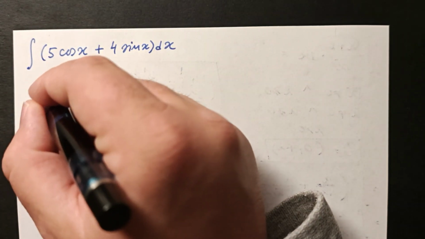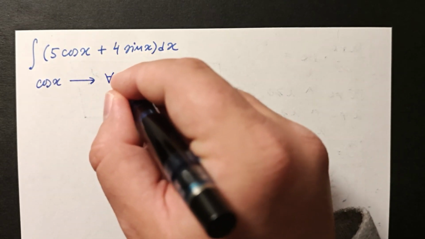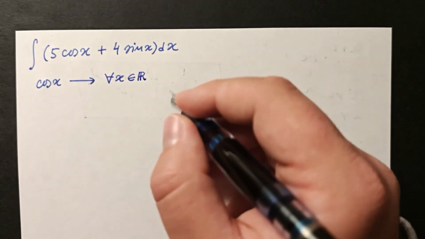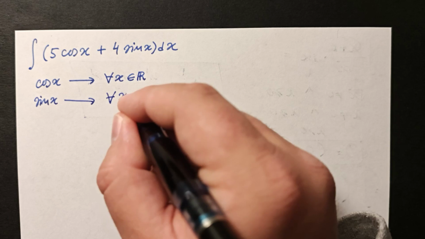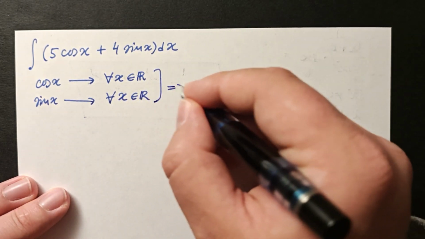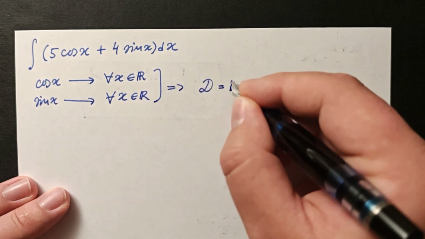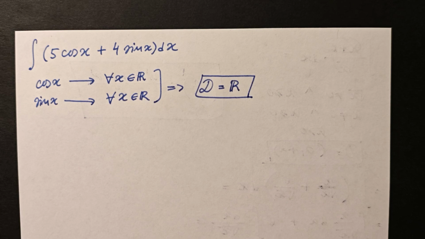The cosine x function is defined for all real numbers x. The sine of x function is also defined for all real numbers x, and these two facts give us the domain of the integral to be the entire set of real numbers.